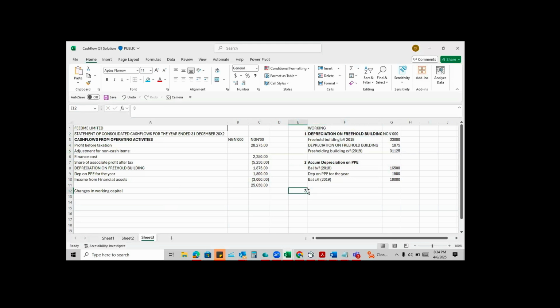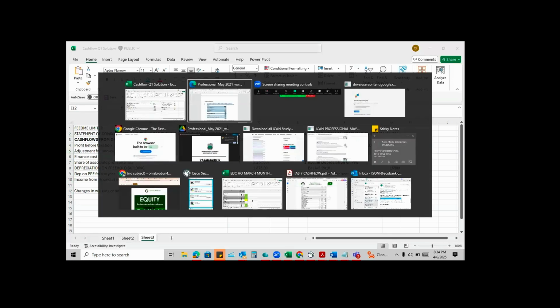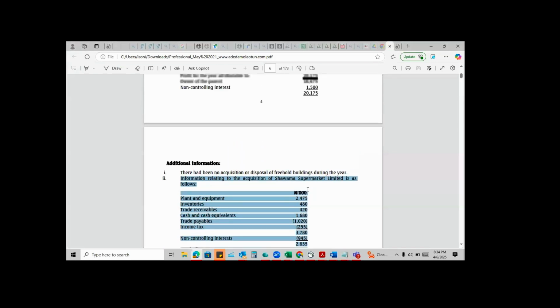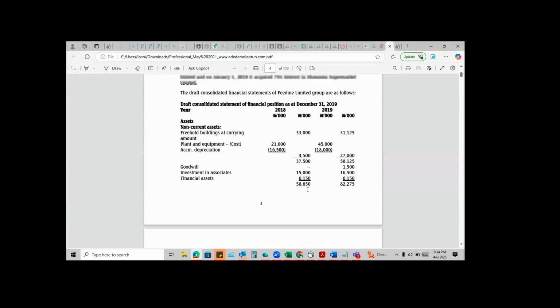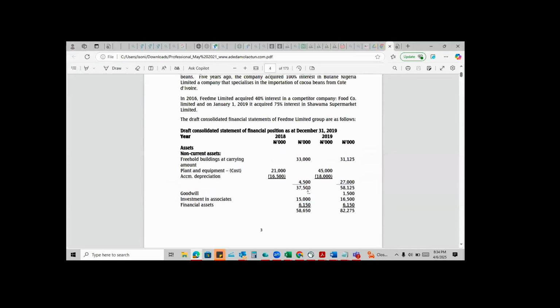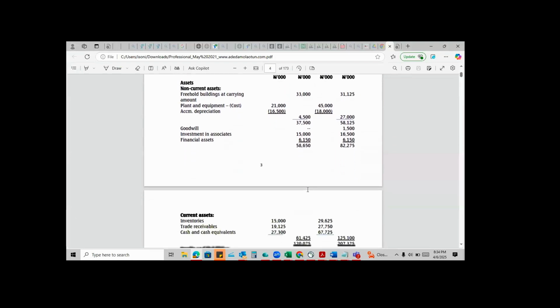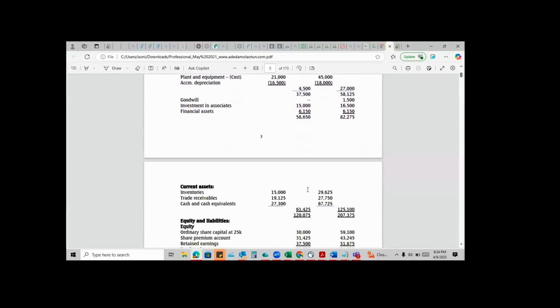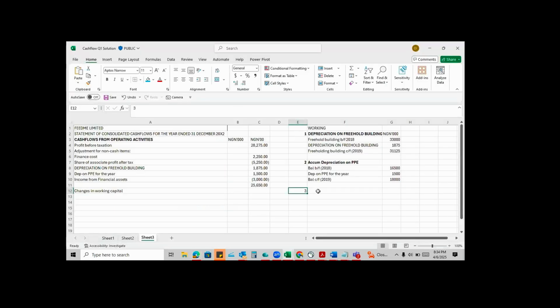So the first current asset that we're going to see on the face of the SOFP is inventories. So I'll say movement of inventories.